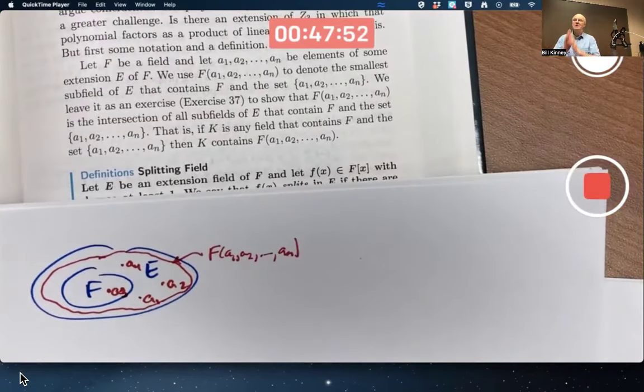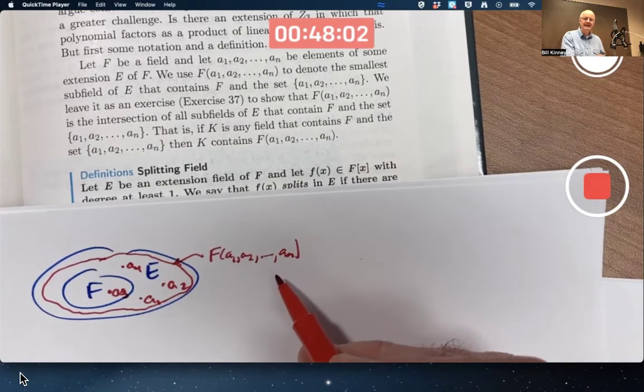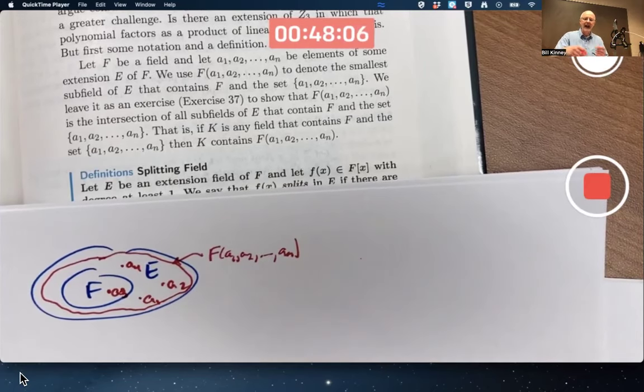Now, the first place that I got confused in thinking about this concept was thinking that this symbol represents F and then just add in the A's. That's wrong. It's not just F, then add in the A's.